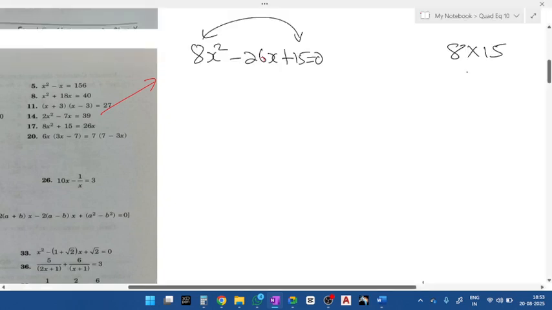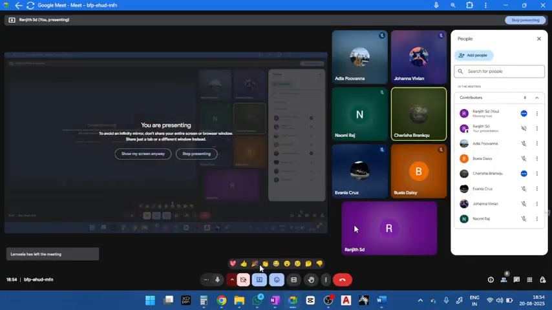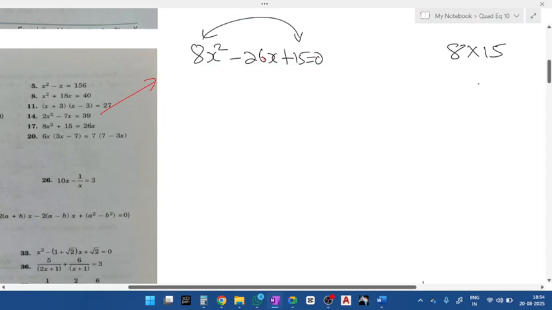How much is 8 into 15? Completed. Okay, tell me one question, student. Enough. I'll get to know whether you understood or not. 120. Next, what's the next step?